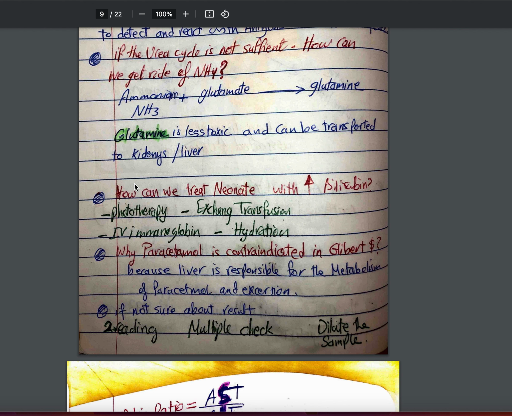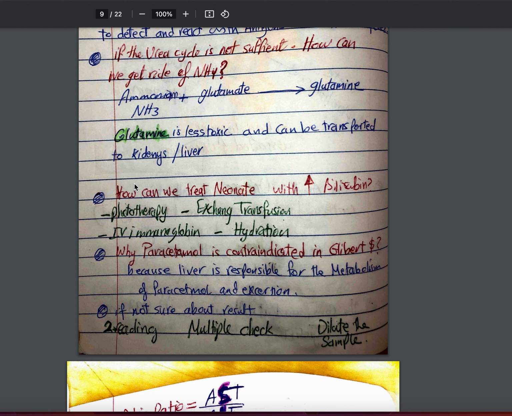Again, these questions: why is paracetamol contraindicated in Gilbert syndrome? Because we said there is a reduced form of the uridine diphosphate glucuronyl transferase enzyme, and this enzyme is important for the metabolism of paracetamol.